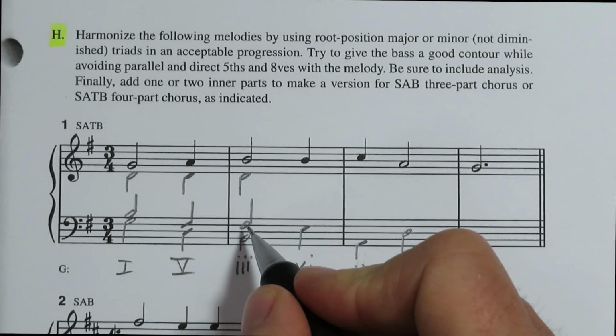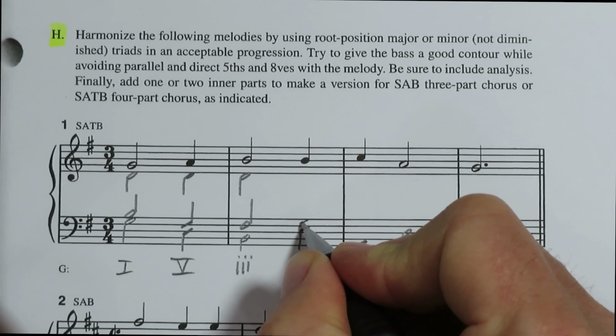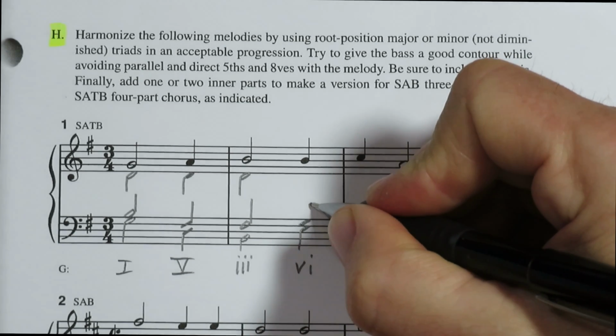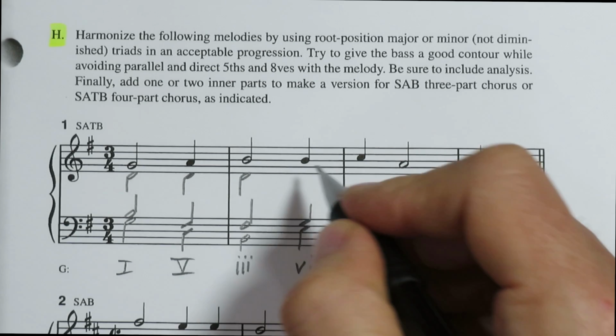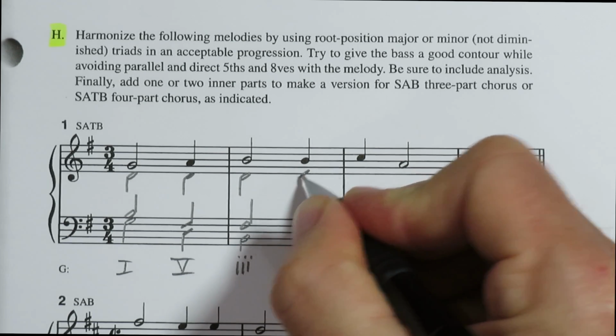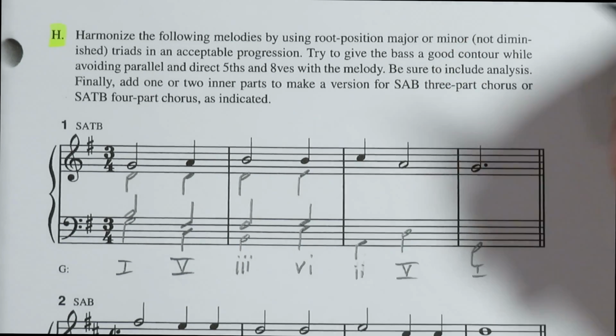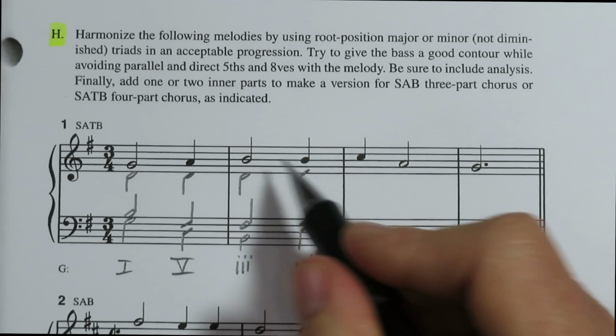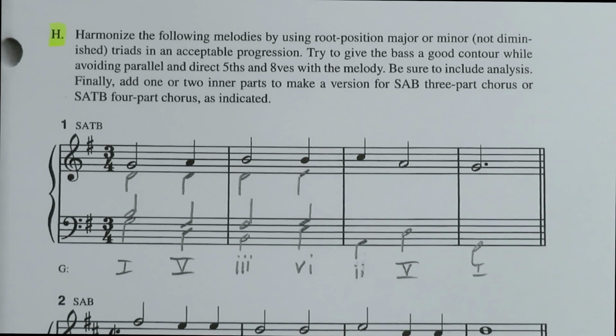So, moving to the nearest chord tones, the F sharp will move nicely to the G, and the D will move nicely up to E. Okay, 6th to 5th, very good. All right, 5th to 3rd, okay.